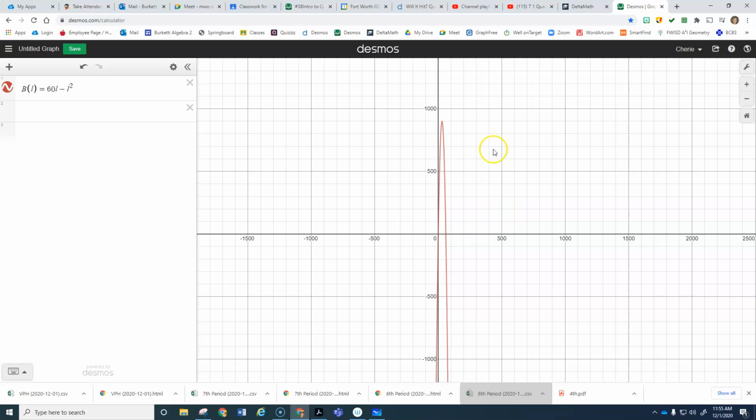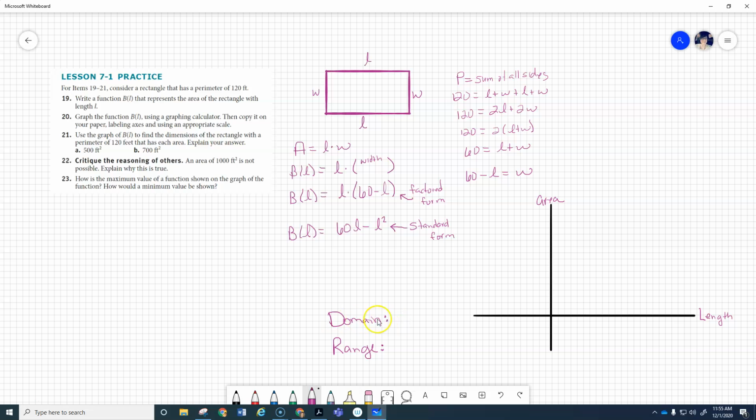So what you should do at this point is think about what the domain would be. Now remember, what we're graphing on the x-axis is the length, and the length is part of the perimeter. So since this length and this length are going to be the same number, if we had no width at all, each one of these lengths would be 60.